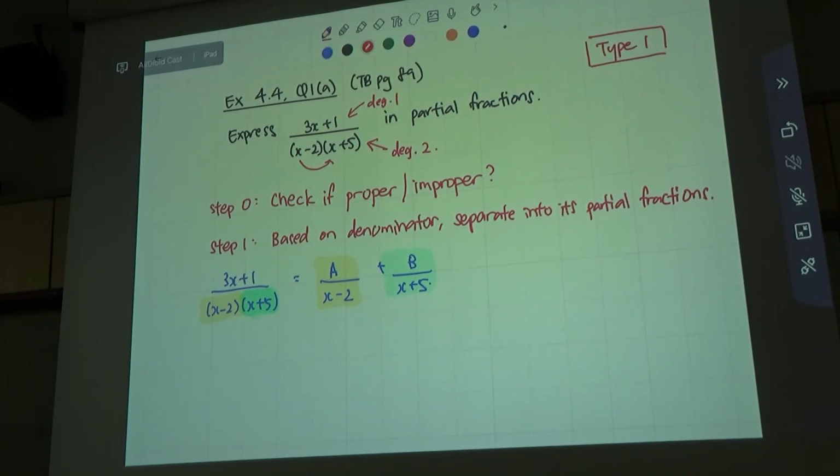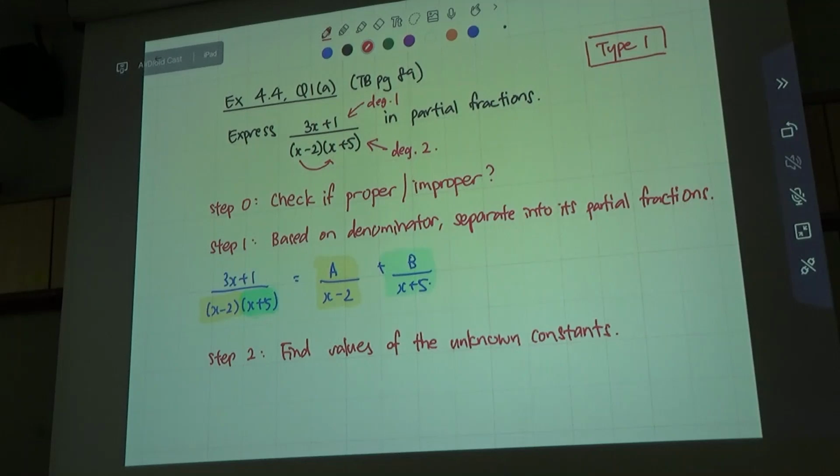Then step 2. We will need to go and find out what are the values of A and B, or just the unknown constants.